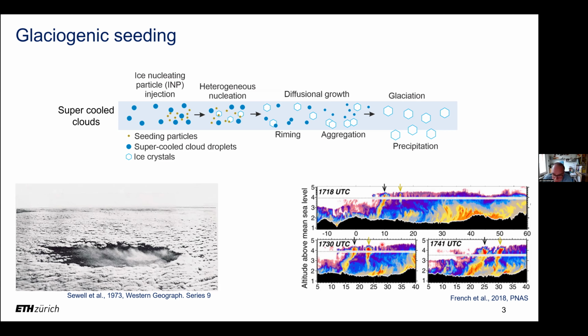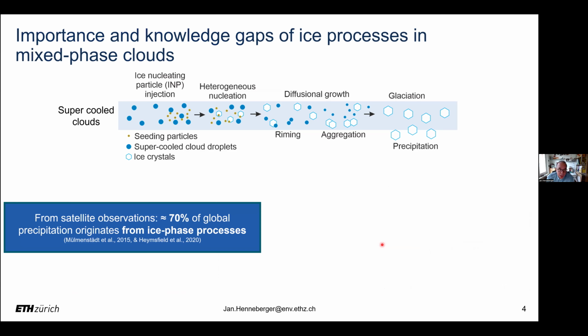And it was really this publication which triggered my interest in glaciogenic seeding, because I thought, oh, it really works, and can we use it as a tool to not do operational weather modification or precipitation enhancement, but learn about the processes involved in glaciogenic seeding, because they're important processes.